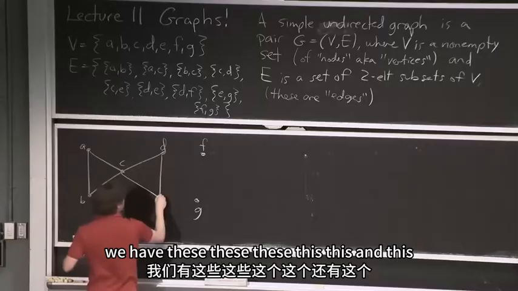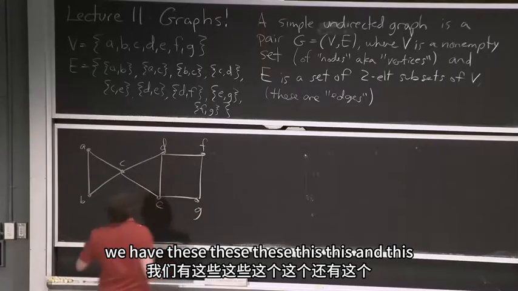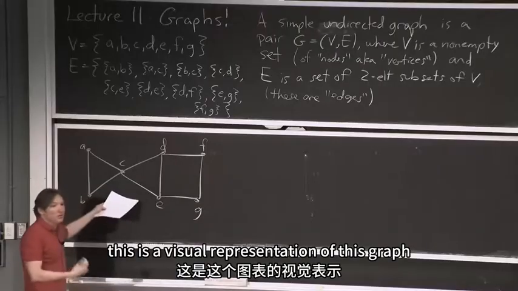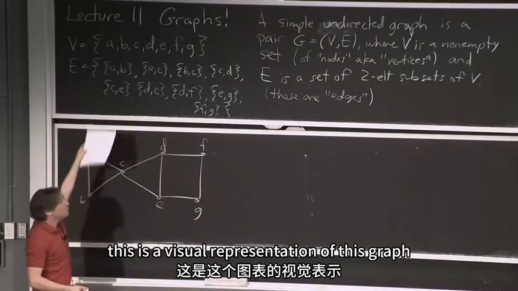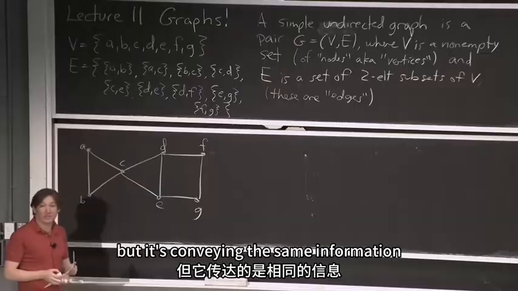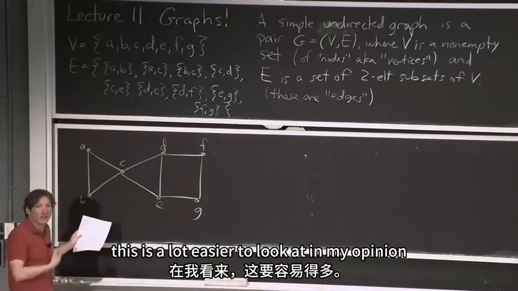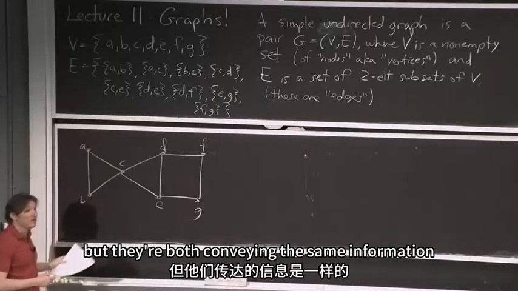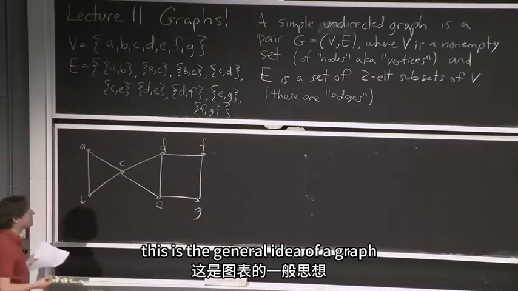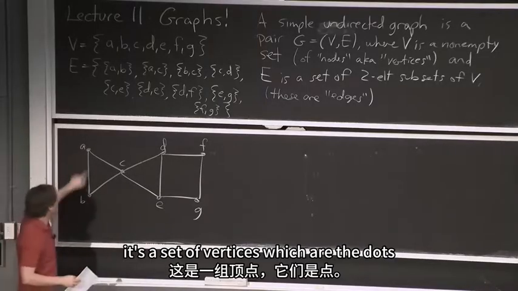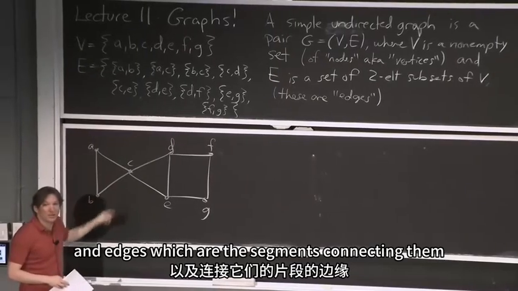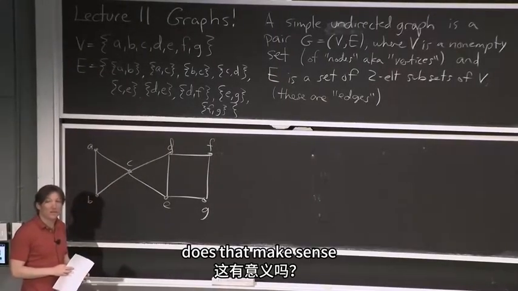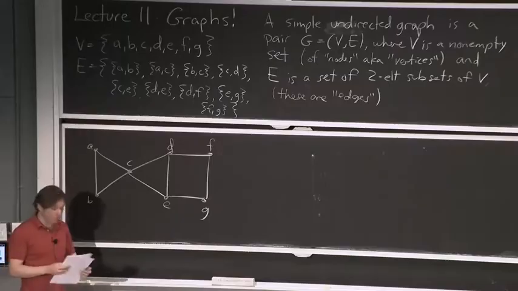We have these, this, and this. This is a visual representation of this graph, but it's conveying the same information. This is a lot easier to look at, in my opinion, but they're both conveying the same information. This is the general idea of a graph. It's a set of vertices, which are the dots, and edges, which are the segments connecting them. Does that make sense? Wonderful.